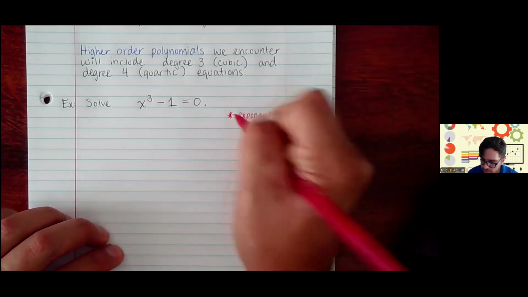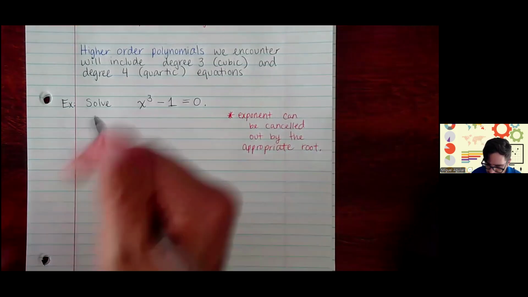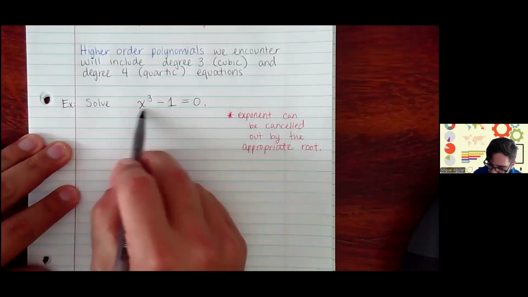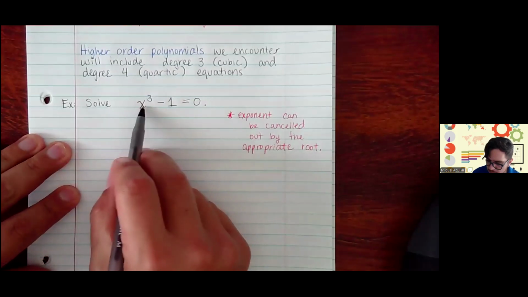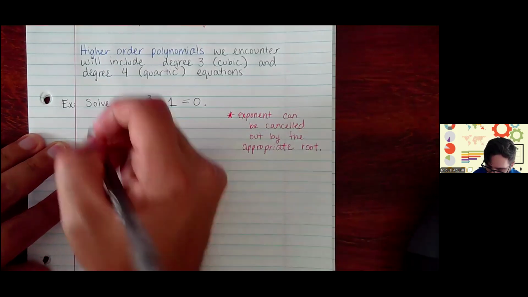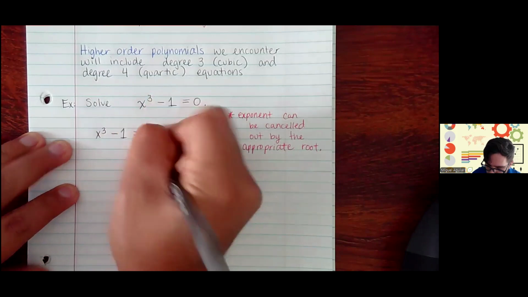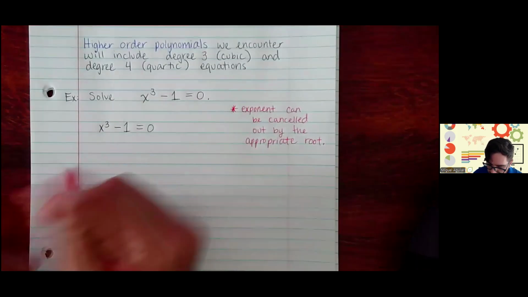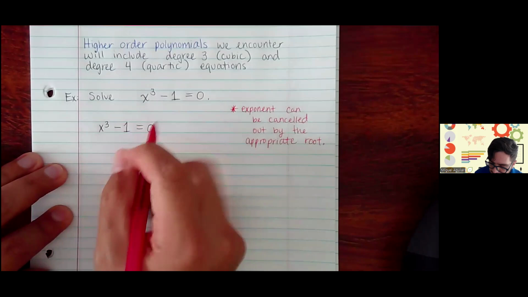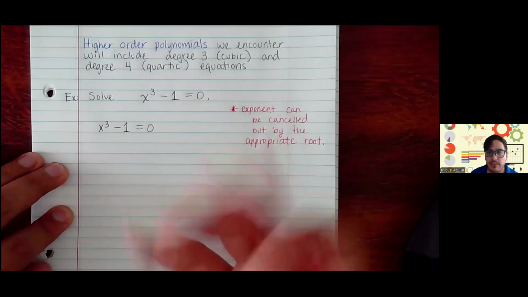So first, as with solving most equations, we usually want to get the variable term that has the exponent attached to it by itself. In other words, we want to isolate that variable term. So if there are any other terms like this constant, this -1 here, let's go ahead and just move it over to the other side of the equation.